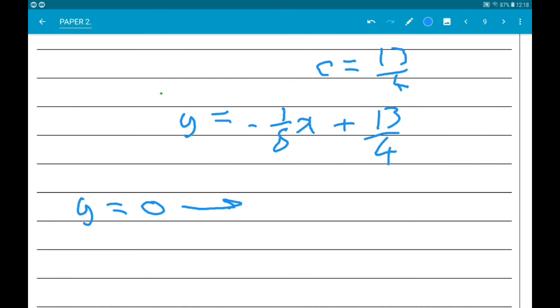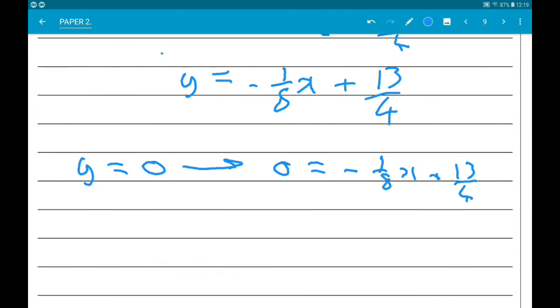So that's going to give us 0 is minus 1/8 x add 13 quarters. So add the x term, multiply by 8, and we get x is 26. So the base of the triangle is 26 long.